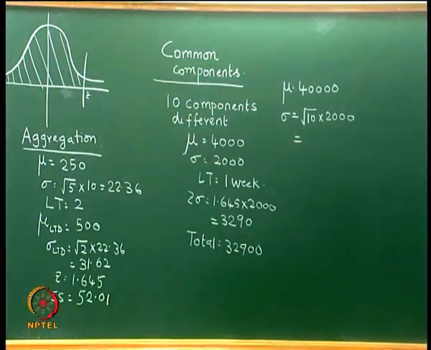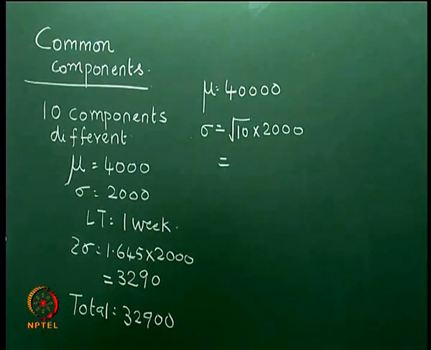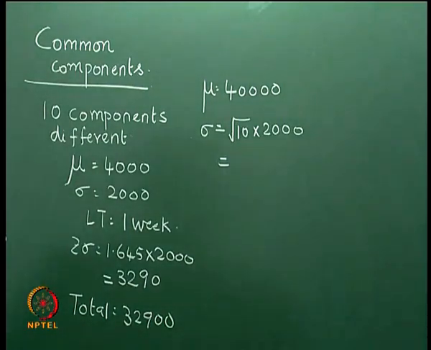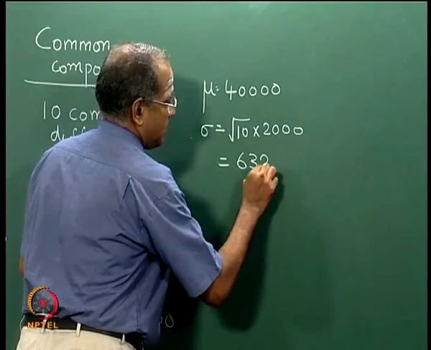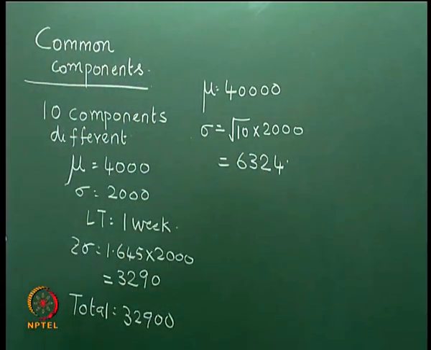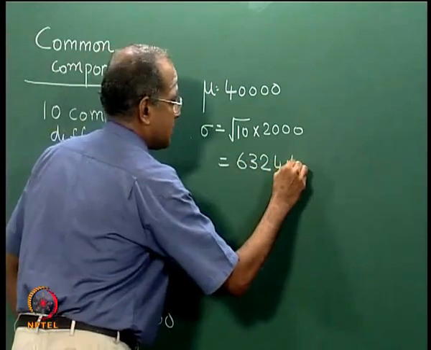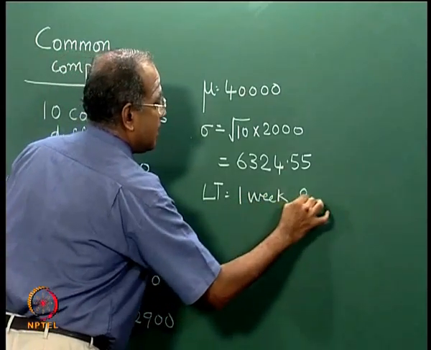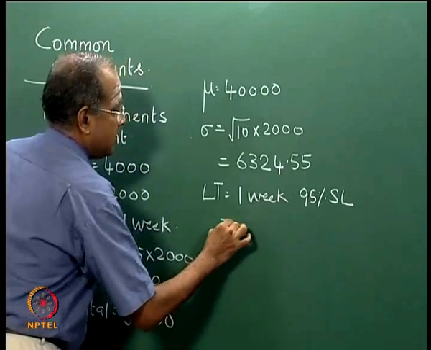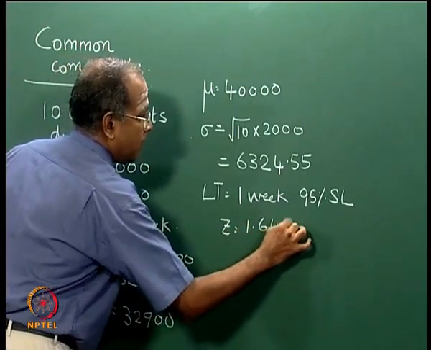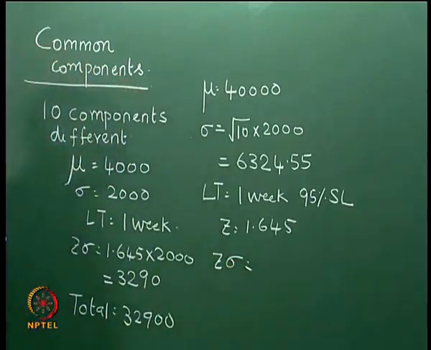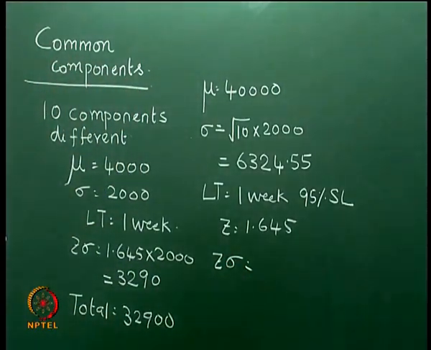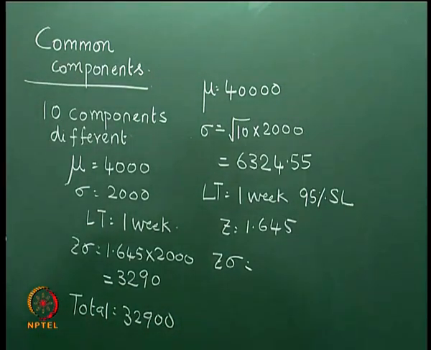So, this will become 6,324.55, and once again for lead time equal to 1 week and 95% service level, Z equal to 1.645 and Z sigma is equal to 6,324.5 into 1.645, which is 10,403.8.